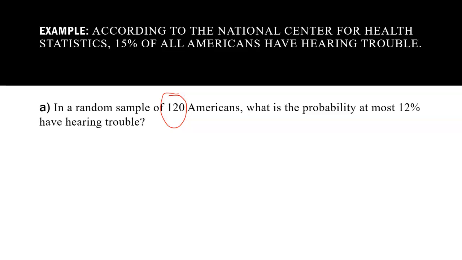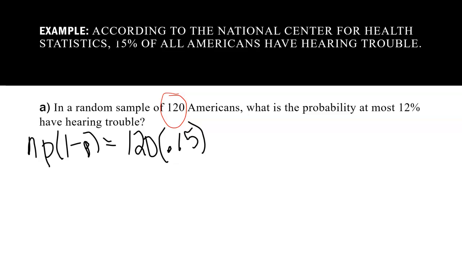In order to figure out if this is a normal distribution, we have to do n times p times 1 minus p. In this case, our n is 120, that's our sample size. Our proportion is this 15% that's given up here, so that's 0.15, and then 1 minus 0.15.